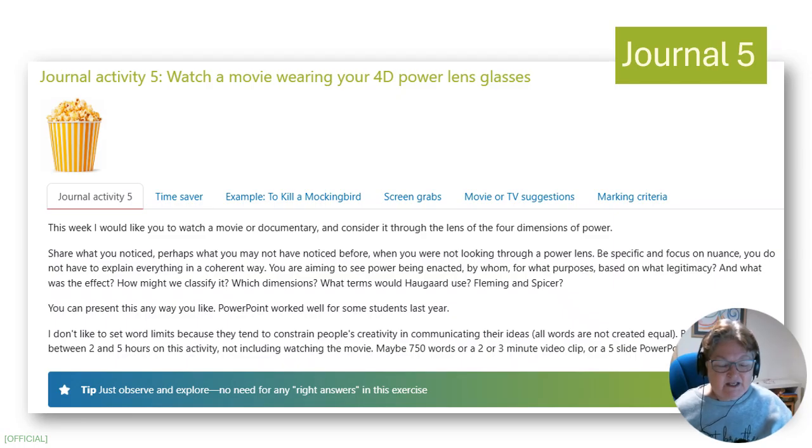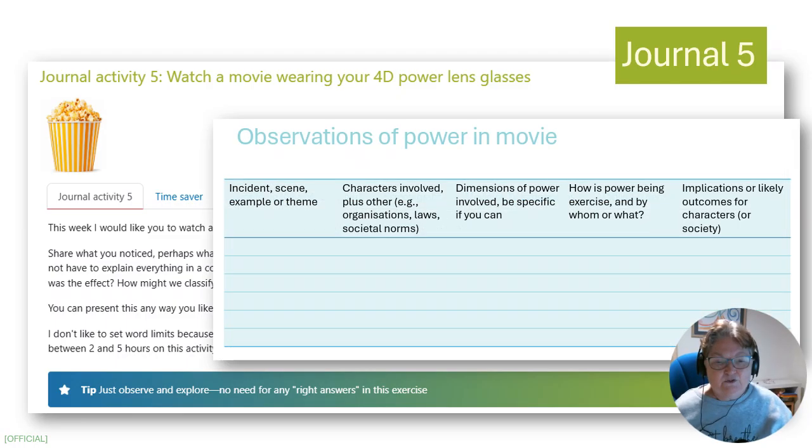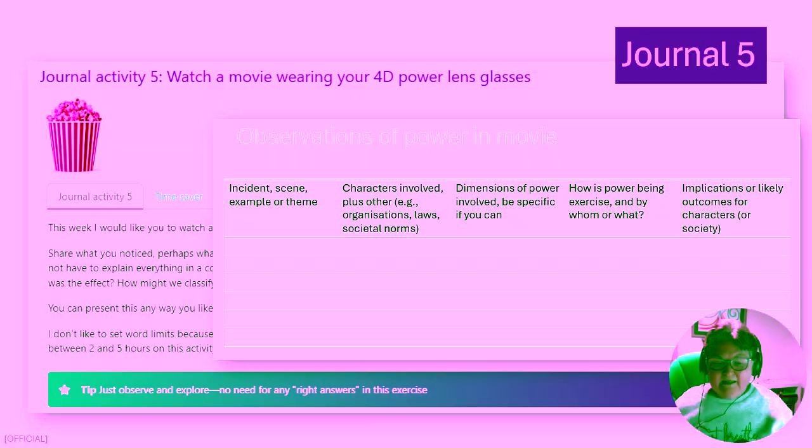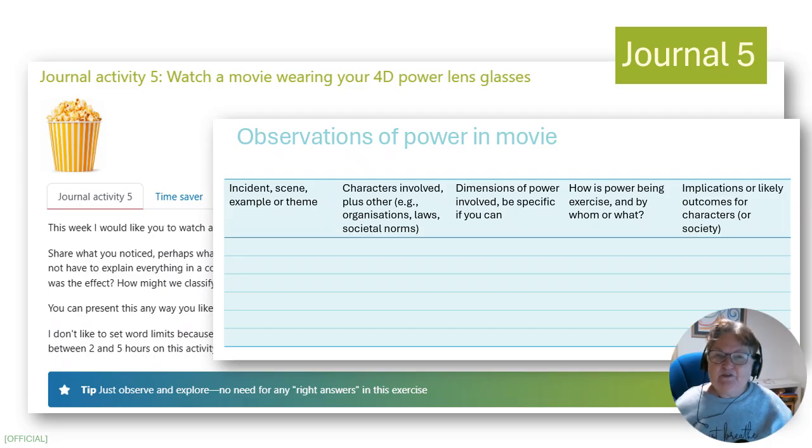And so I suggest what I would do is watch the whole movie, jot down a few scenes as you're watching the movie, a few of the power themes that are coming through the movie, and then go back and rewatch maybe 4 or 5 particular scenes, and then discuss the characters and the dimensions of power and what's going on with power in that scene.